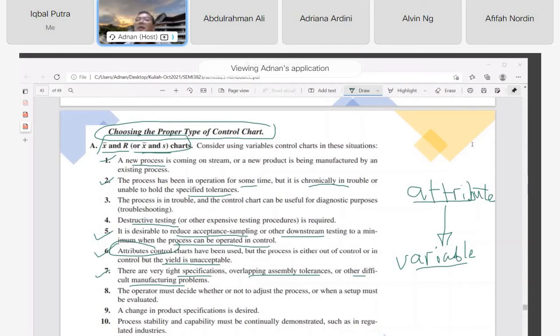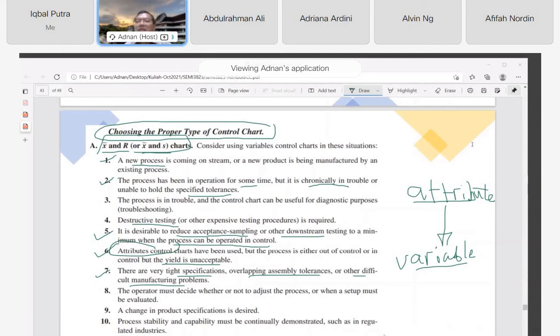Muhammad Faik says R is more sensitive than S. Is it correct? No, not really. S is actually more accurate. S stands for standard deviation, and you take more samples. Don't confuse comparing X and R. Now we are comparing X bar and R as a couple.